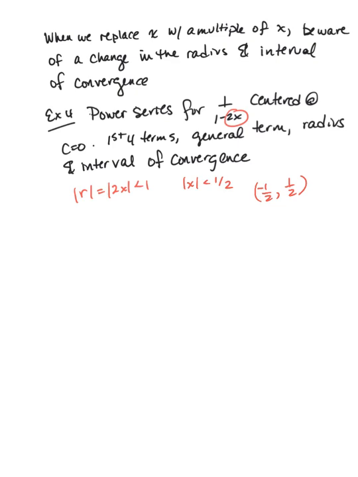And your radius of convergence is just going to be 1/2 now, whereas before your radius was 1. Keep in mind, you could also do the ratio test if you want once I write the series out. But what's happening is we're compressing by a factor of 2 horizontally. That's what's going on.